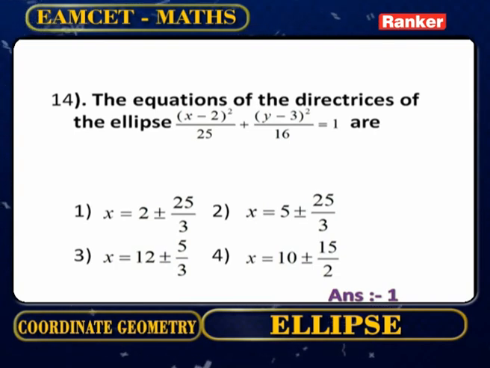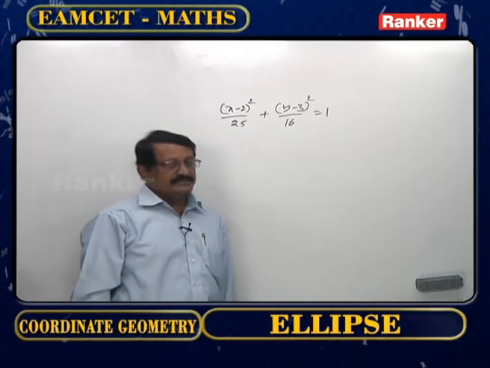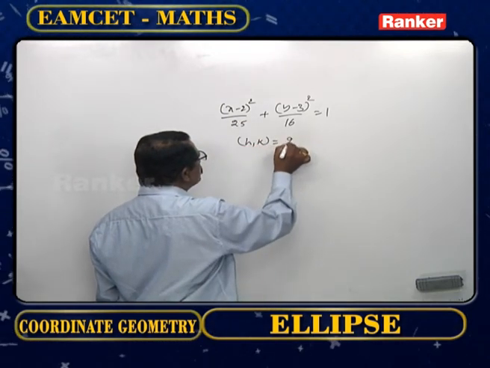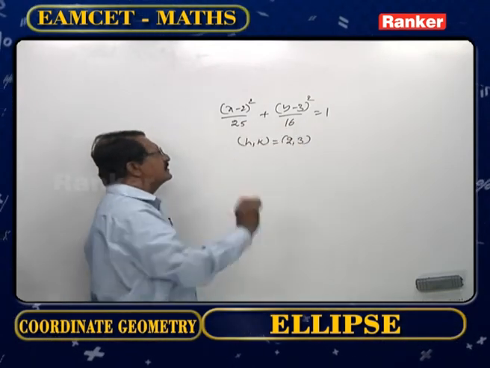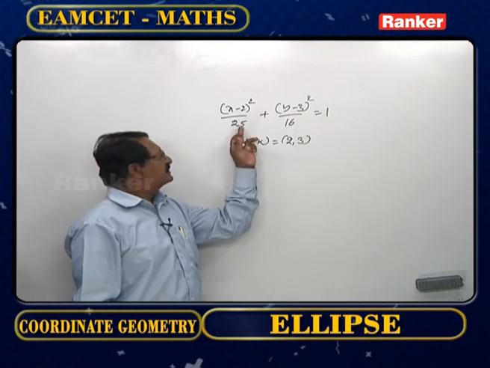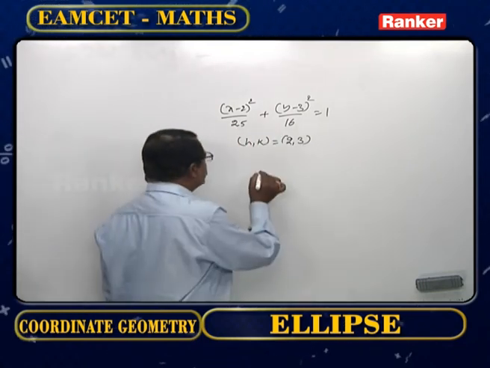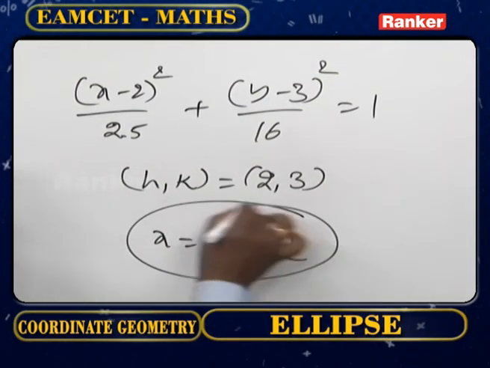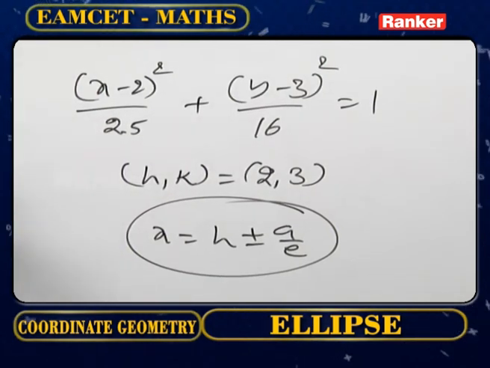Find the equations of the directrices of the ellipse (x minus 2) whole square by 25 plus (y minus 3) whole square by 16 equals 1. Here the center (h, k) equals (2, 3), a square equals 25, b square equals 16. Since a square is greater than b square, the equations of the directrices are x equals h plus or minus a by e.